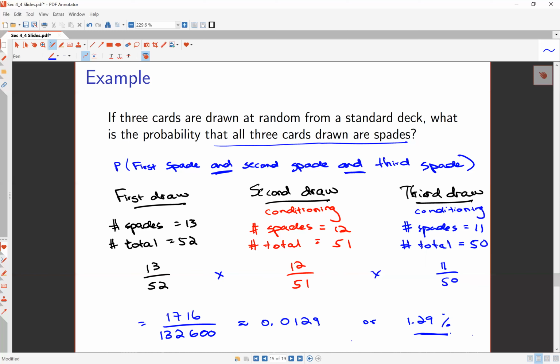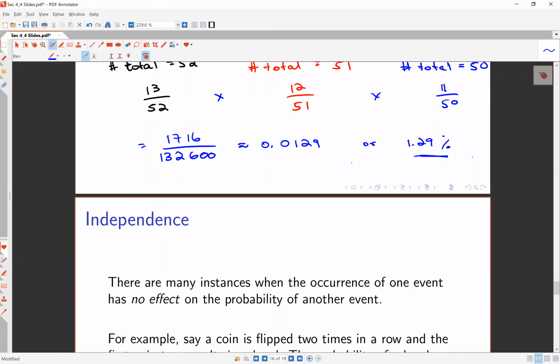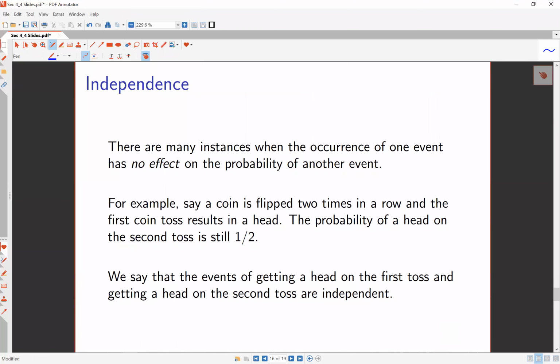And I hope the idea here of sequential conditioning helps. Like, you just think, if I perform these actions in sequence, how does the first action affect what's possible on the second? How does the second action now affect what's possible on the third? And you just do those in sequence.